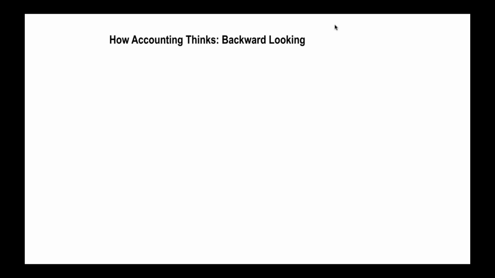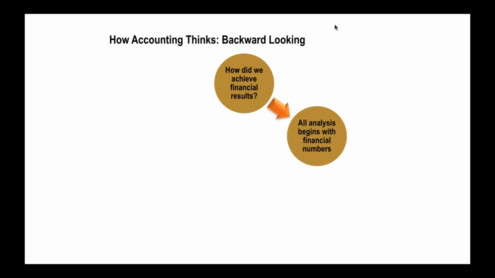So I call this backward looking. The question we usually get at month end or year end is, how did we achieve the financial results? So we begin looking at the financial numbers. So again, we're working backwards and we're looking sort of historically at what happened.